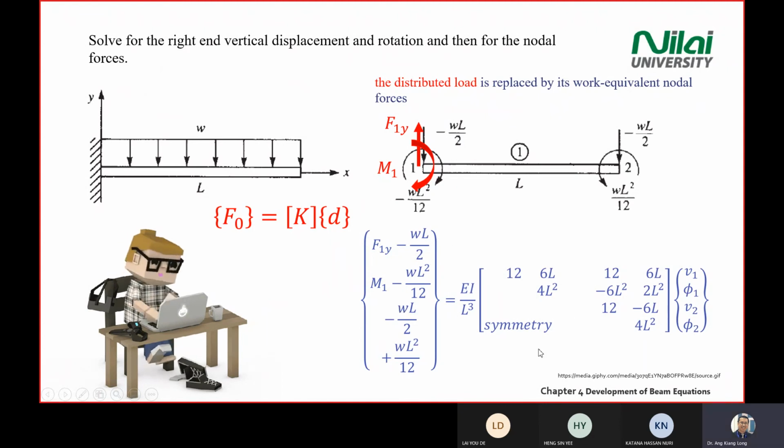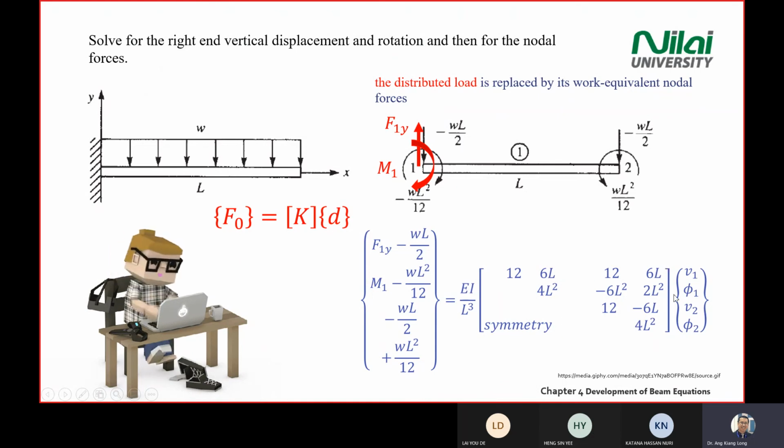No? Then we continue with the K matrix. The K matrix is fixed already for the beam, so you just copy what you learned in the previous section. K equals EI divided by L cubed, and all the constant values that you have: 12, 6L, 12, 6L, and so on. This side is symmetric, which means you mirror all the numbers here to the other side.